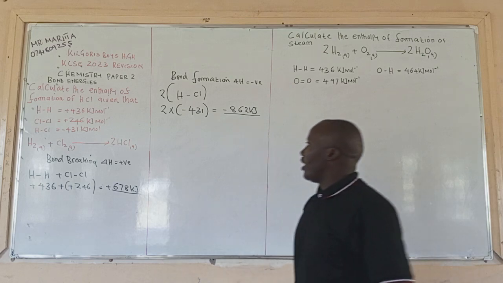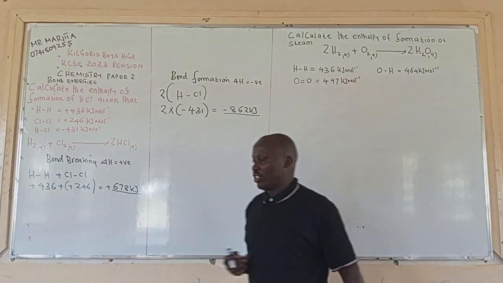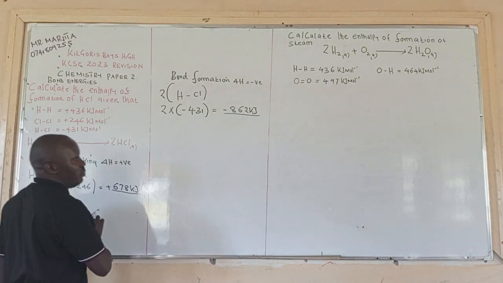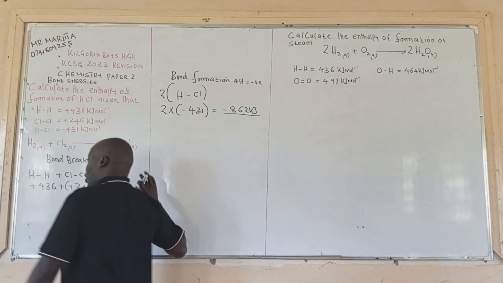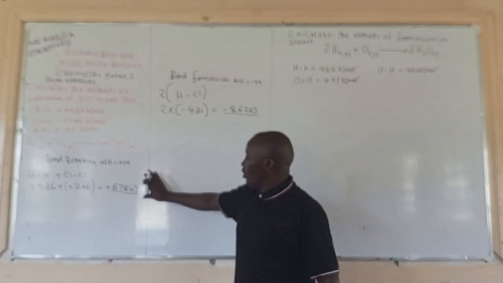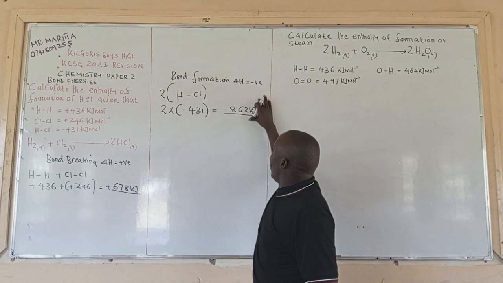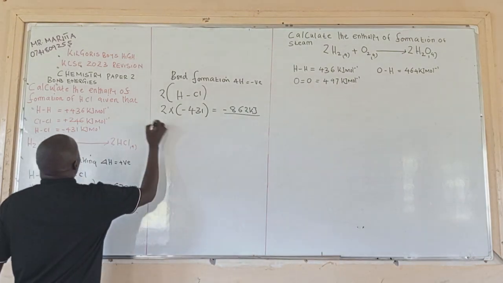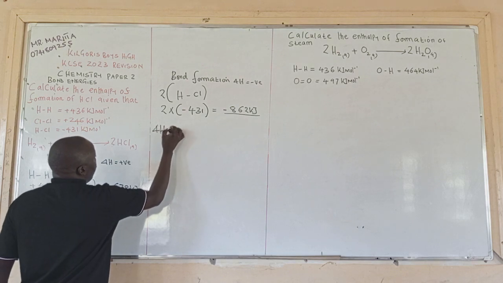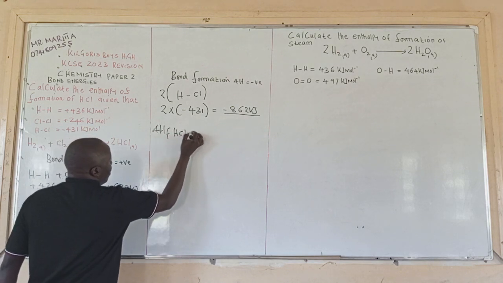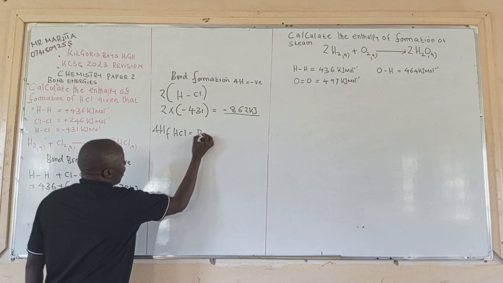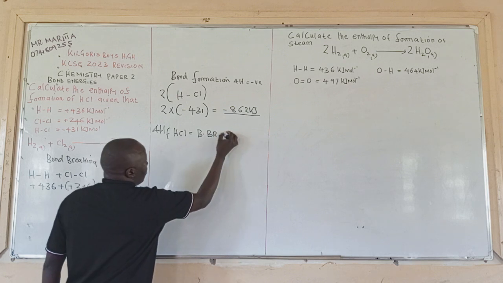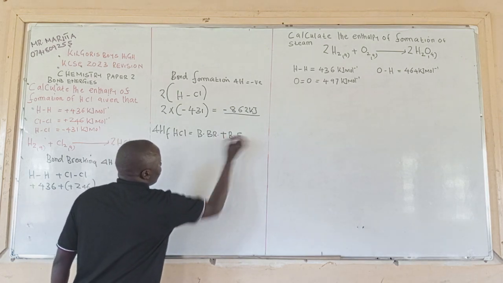So to get the enthalpy of formation of hydrogen chloride, you say it is bond breaking plus bond formation, or the total energy needed for atomization plus the energy released in bond formation.